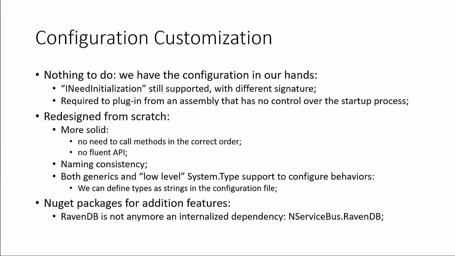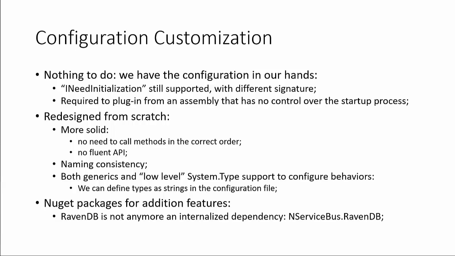As we said, RavenDB is no longer internalized as a dependency, but now there's an NServiceBus.RavenDB package that can be installed in the endpoint, and that will add in IntelliSense a new type, NServiceBus.Persistence.RavenDBPersistence, that can be used at the UsePersistence level in order to specify that we want to plug RavenDB in as the persistence engine.